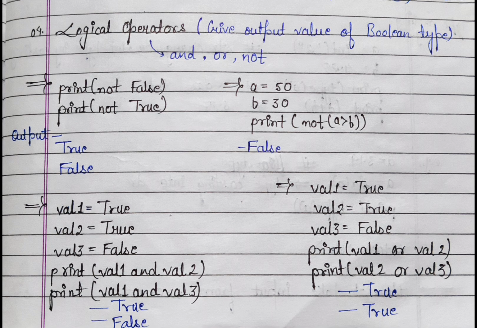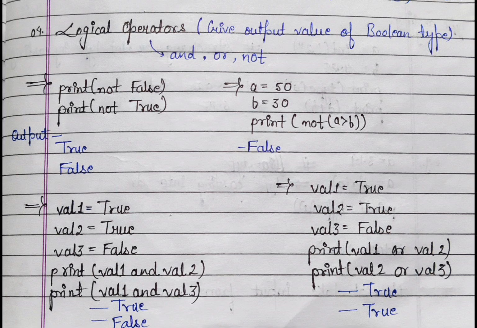The next example is saying the variable val1 contains true and the variable val2 contains true and the variable val3 contains false. The next line is saying print and in bracket val1 and val2. Val1 is true and val2 is true. So it is saying true and true, and I have said this before that AND gives the output true if both the values are true.